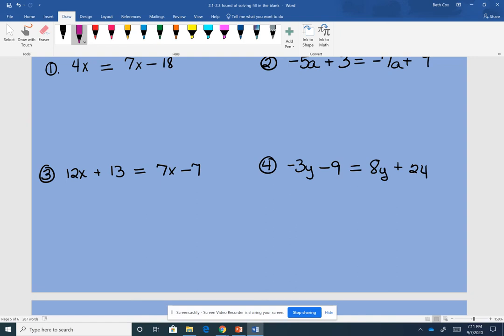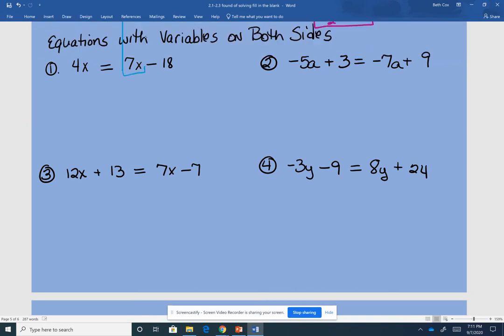All right, so the first thing I'm going to do is I'm going to get the variables on the same side. So now I'm going to usually take the one on the right and get it to the left by removing it. Subtract 7x on both sides, because whatever I do to one side I do to the other.